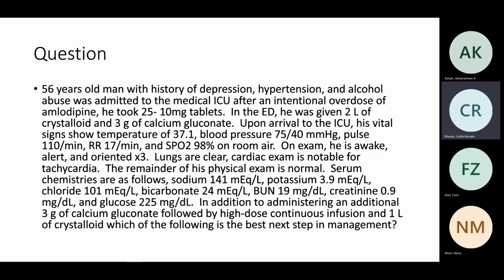Serum chemistry: sodium 140, potassium 3.9, chloride 101, creatinine 0.9, glucose 225. In addition to administering an additional 3 grams of calcium gluconate, followed by high dose continuous infusion, and 1 liter of crystalloid, which of the following is the best next step in management?